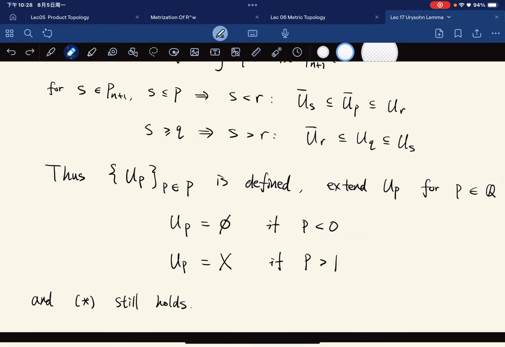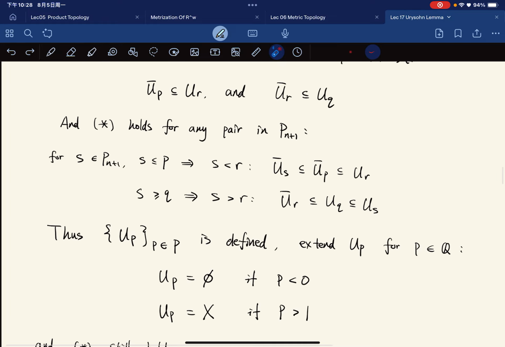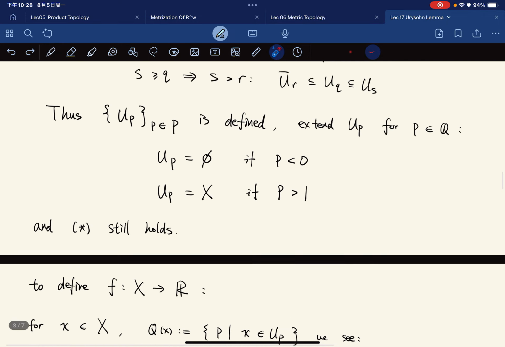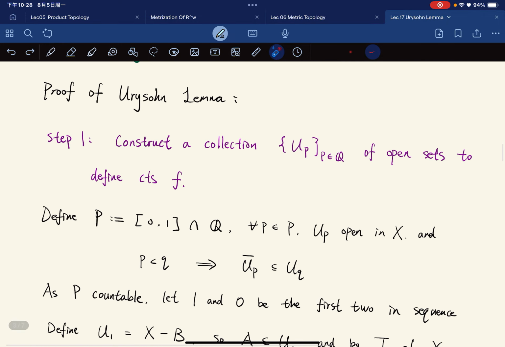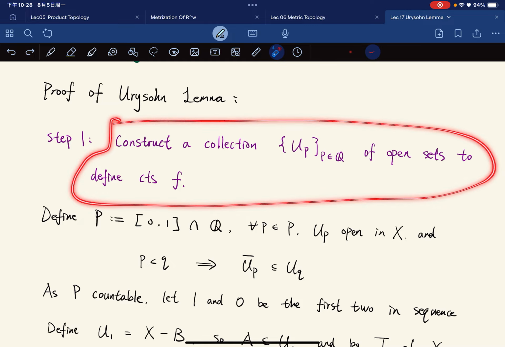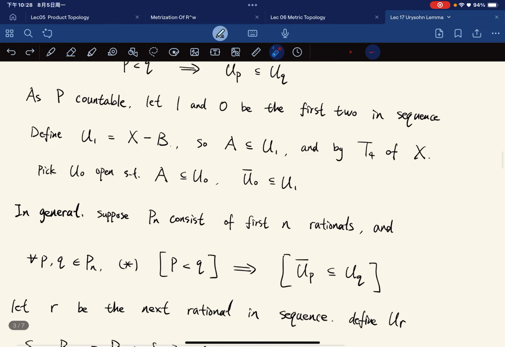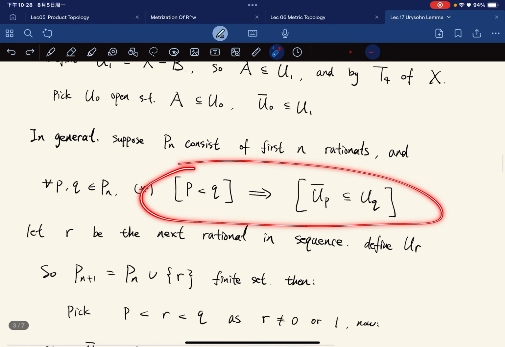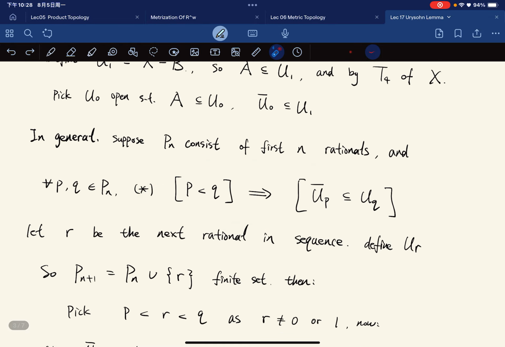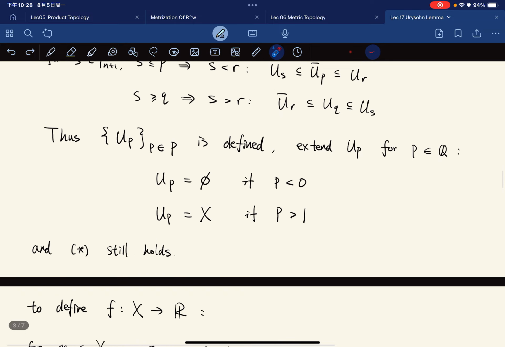With this definition, this still holds, which is trivial to check. So we have defined our open sets indexed by rational numbers. In fact, any countable set will do.